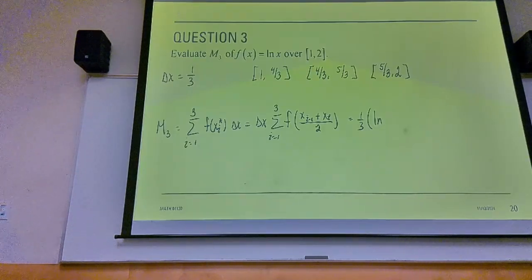What about 4/3 and 5/3? 5/3 and 2. We can simplify that if we so desired.